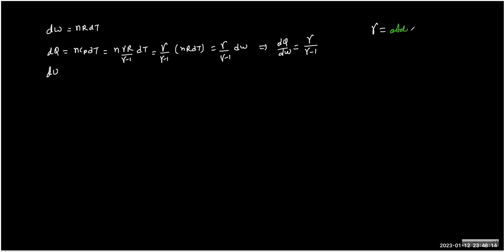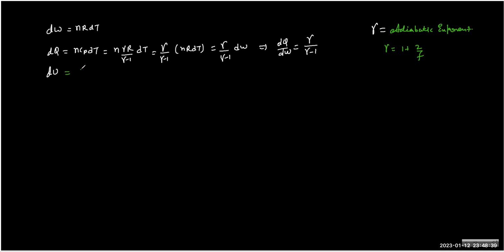Adiabatic exponent. Very good. So we call it the adiabatic exponent, and gamma is how much? 1 plus 2 by the degrees of freedom. So if you know the nature of the gas, the ratio can be determined, right? And you're going to get questions of this nature, I can guarantee.